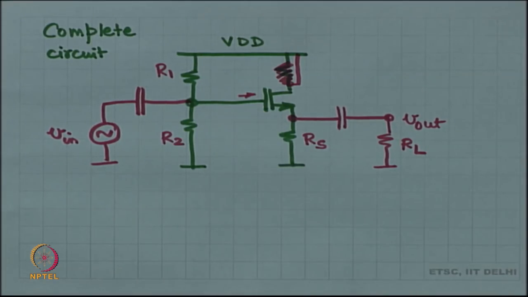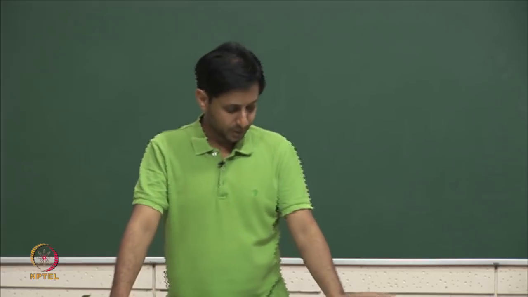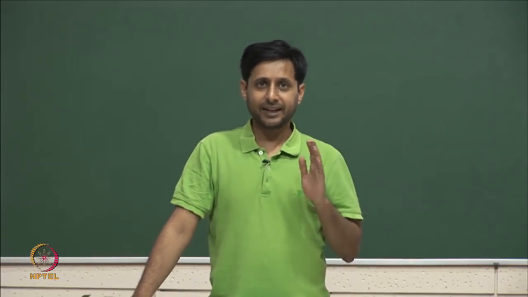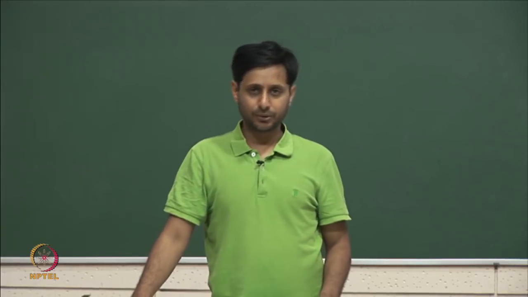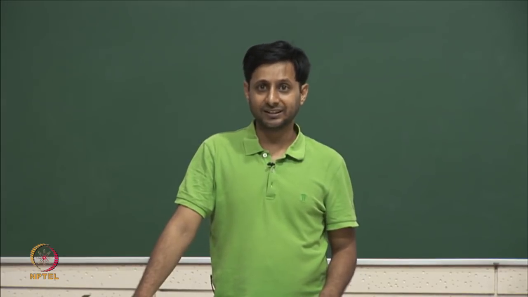So, I recommend redrawing in 2 steps. Okay. In the first step you short the capacitors, null the DC voltage sources, and in the second step show the small signal model of the MOSFET. So, I strongly recommend that you do this redrawing part in 2 steps and not in one single step.